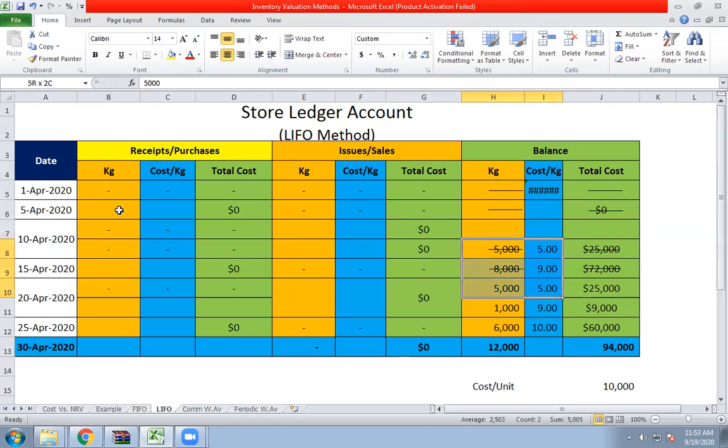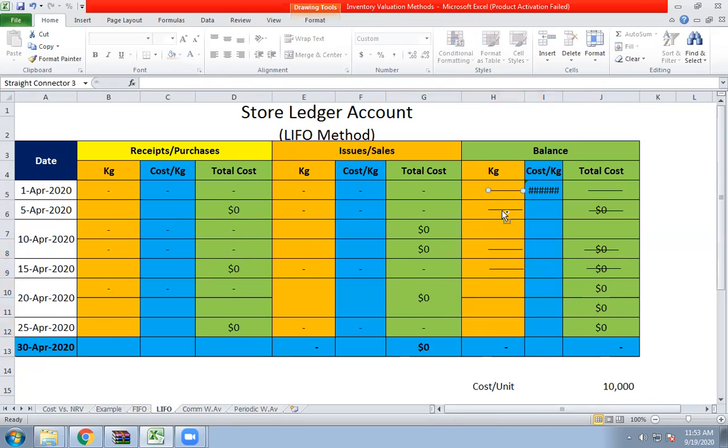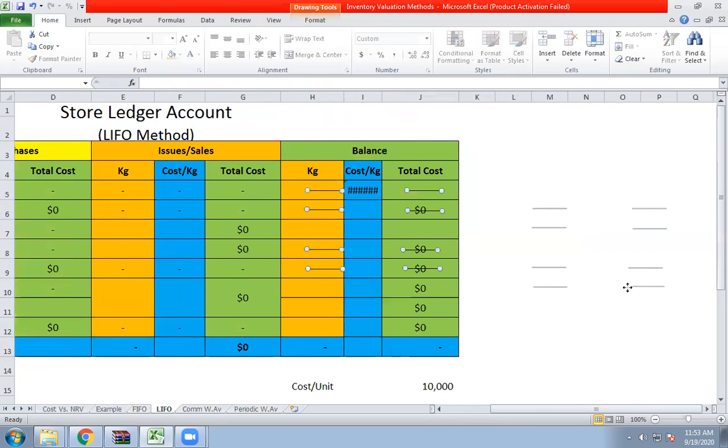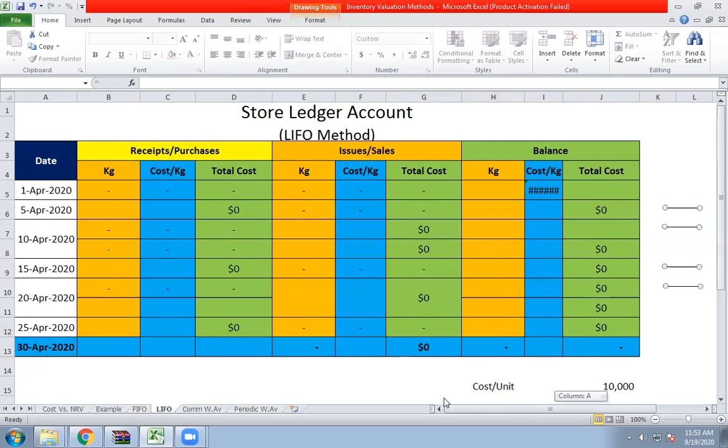Also, let me put these lines aside. I will bring them back when I need them. Okay, let's go through the example once again.